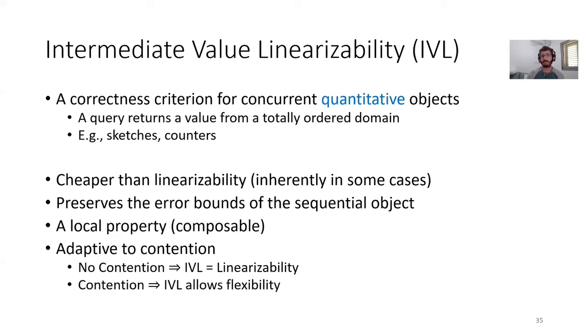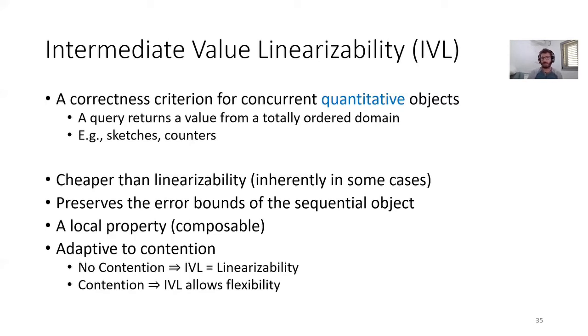So what we have is that it's adaptive to contention. When there's no contention, we're very rigid; we require to remain within the sequential specification. And when there's a lot of contention, when we're in a highly concurrent setting, IVL allows more fluid return values. Okay? But what we want is to define a correctness criterion for approximation algorithms or data sketches.